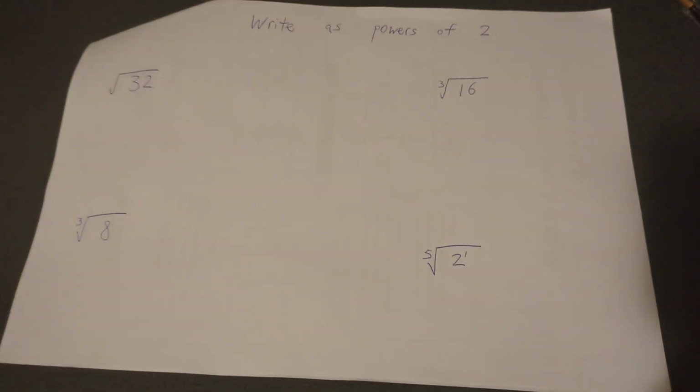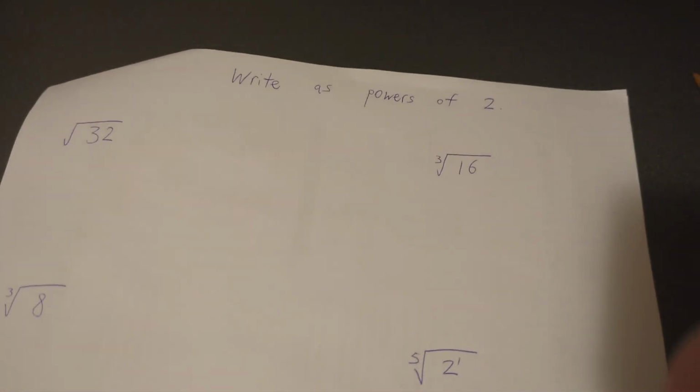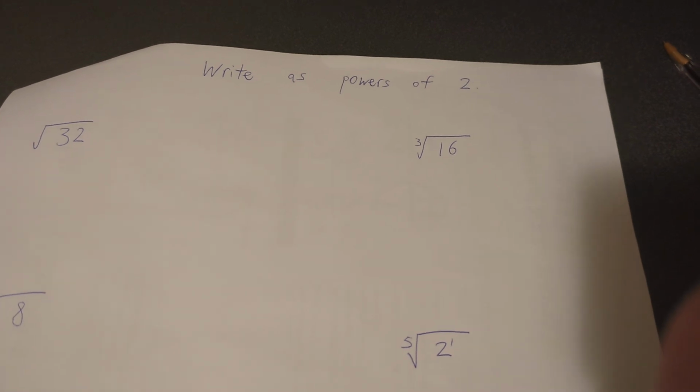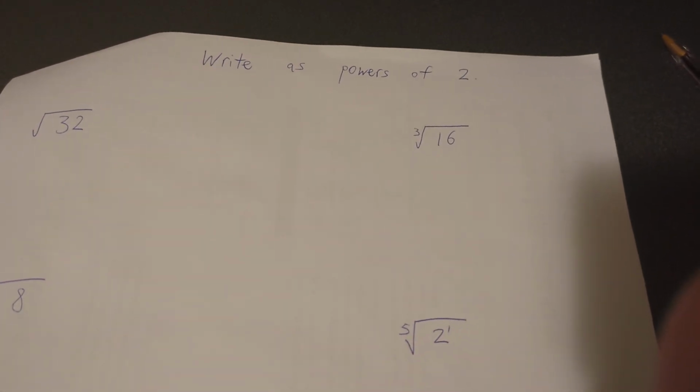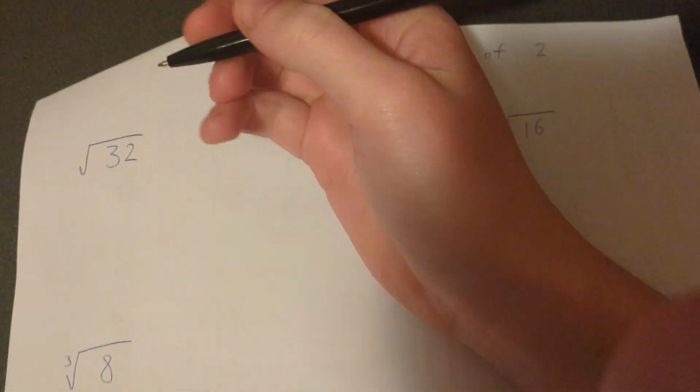Now, chances are you'll get one of these questions in the test. Write as powers of 2. So that means your final answer, the big number, is going to be a 2. And we're going to write it in index form. So this is why we need to know powers of 2.